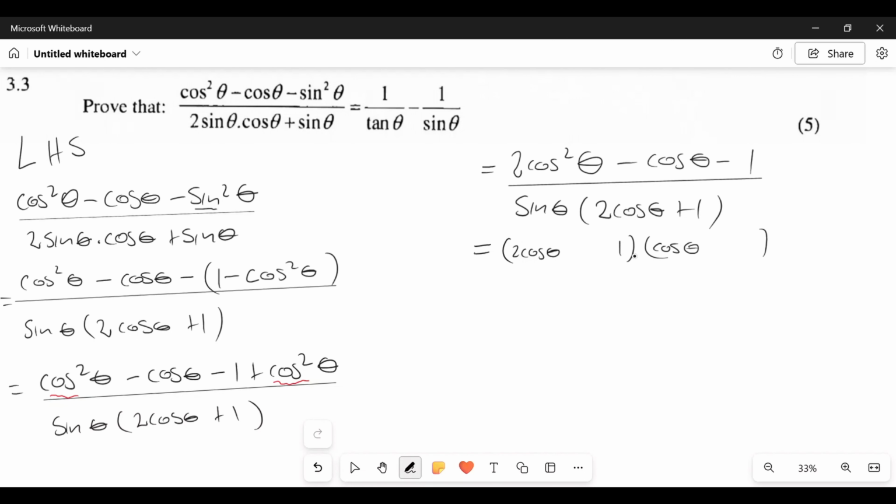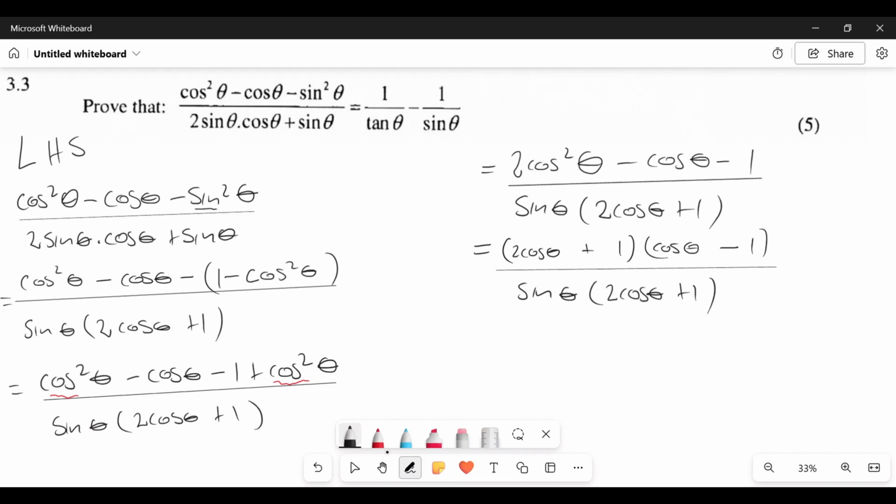So first we're going to write 1 and 1 there. But since we have negative in the middle there, it means this one is going to be negative and that one is going to be positive. So this is how you factorize, my good people. So we divide them, and we still have sine theta multiplied by 2 cos theta plus 1.